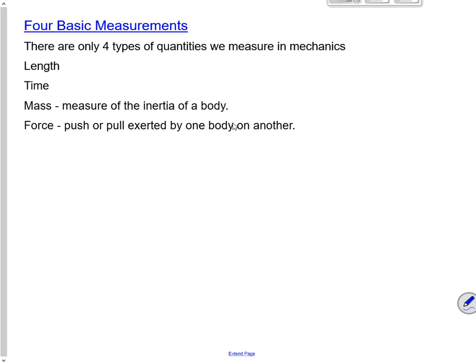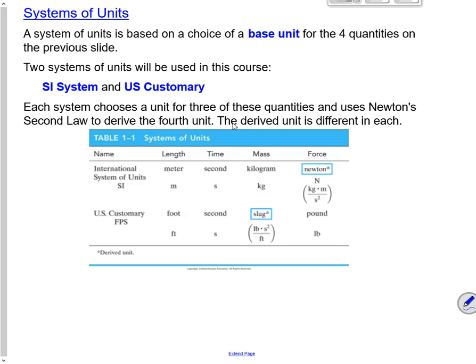All sciences rely on types of measurements, and the types of things we measure are what are called dimensions. And in mechanics, there's only 4 dimensions we need to worry about: length, time, mass, and force. The only reason I bring this up is because once I decide what units I want to use, that determines what system of units.